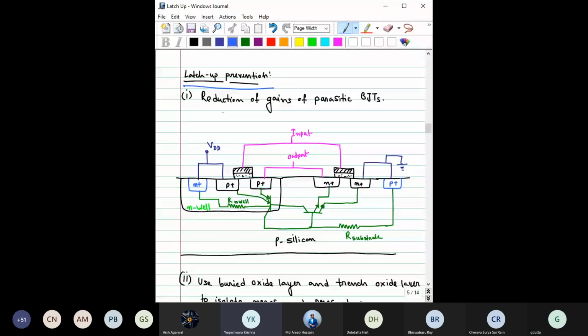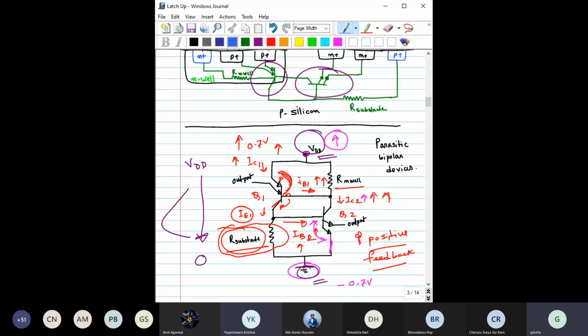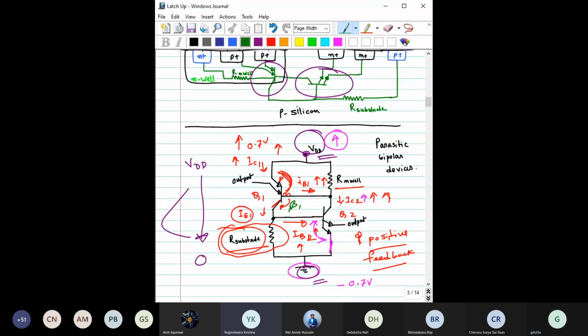Because of the low resistance path, that is fine. No, the low resistance path is the result of positive feedback. But what should be the criteria for having this positive feedback? Say the gain of this transistor is beta 1 and the gain of this transistor is beta 2, right?